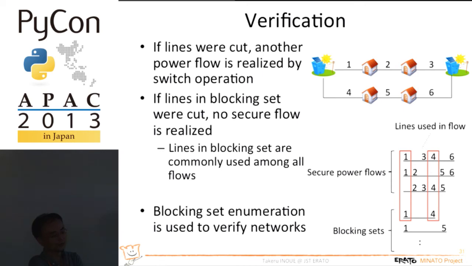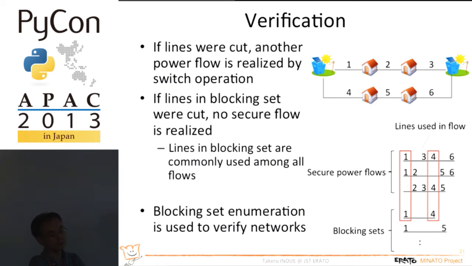All flows use line 1 or 4. And so if lines 1 and 4 were cut, we couldn't deliver the power securely. This is an example of a blocking set or hitting set.